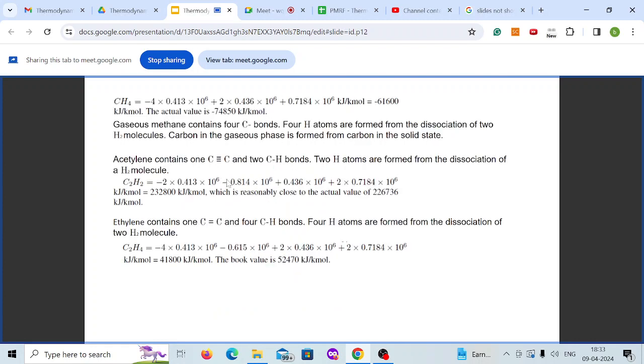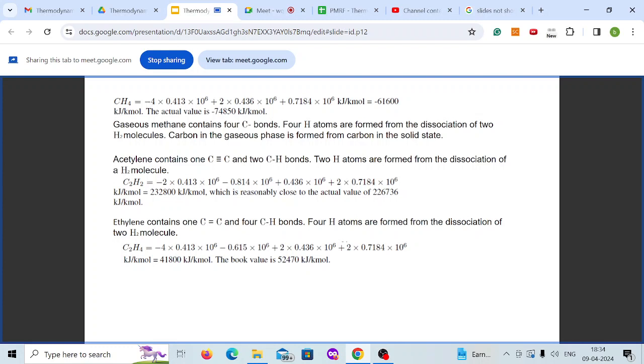So first is methane, CH4. This contains 4 carbon-hydrogen bonds, and there is a formation of carbon from solid to gaseous, and we need to break hydrogen bonds. Hydrogen will be in the form H2.